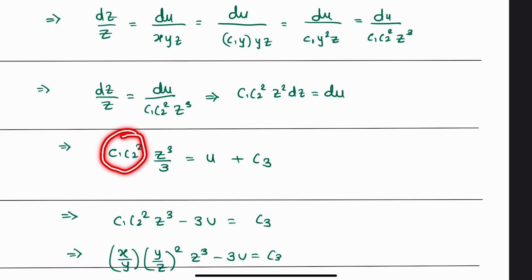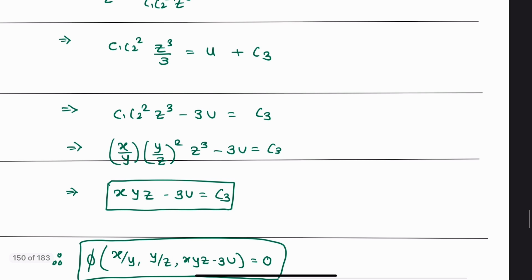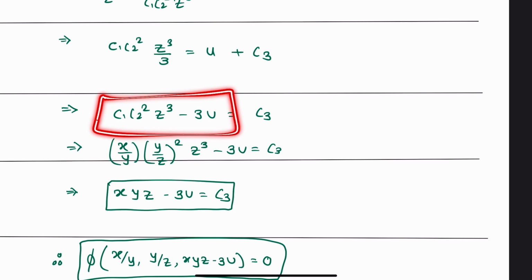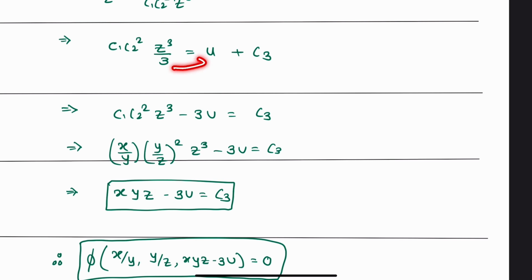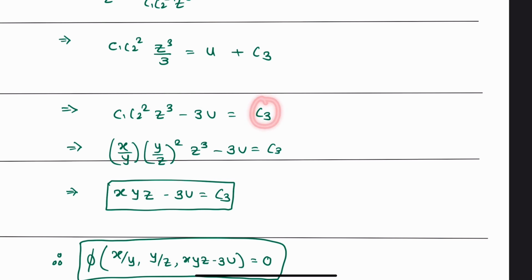This is a constant, so as it is, z square integration will be z cube by 3 equals u plus some c3. So what we will get just by rearranging is c1 c2 square z cube minus 3u equals, let us say it was c3 dash, now here it will be 3c3 dash once you multiply with 3, and this 3c3 dash I have taken as c3.